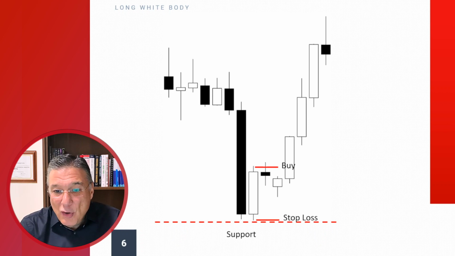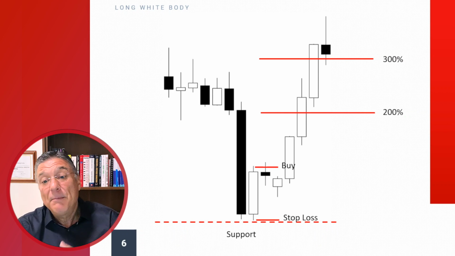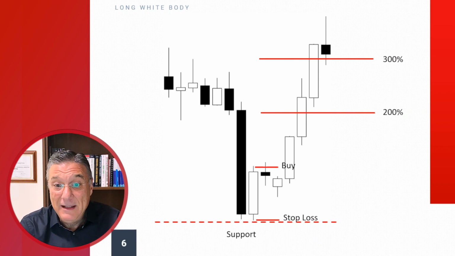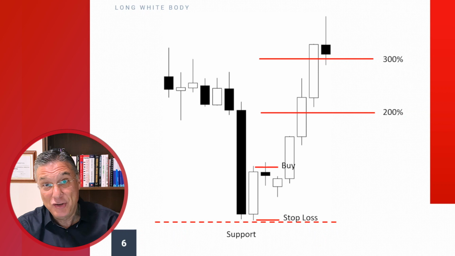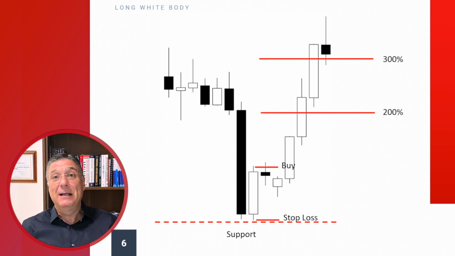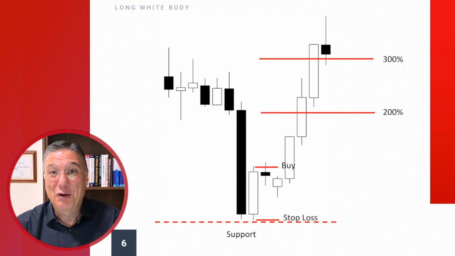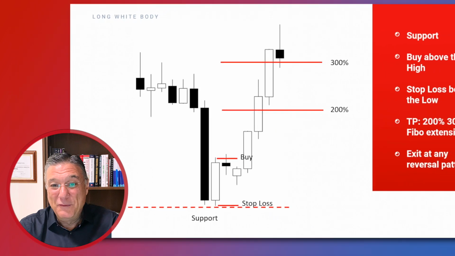Now, we're going to close part of our profit at the 200% level, another part at the 300% level, but we're going to leave a small part of our position to run even higher and take advantage of the upward momentum. But in any case, when we identify any Japanese candlestick reversal pattern in the opposite direction, we're going to close the remaining of our trade. Very good, excellent. Let's move on.